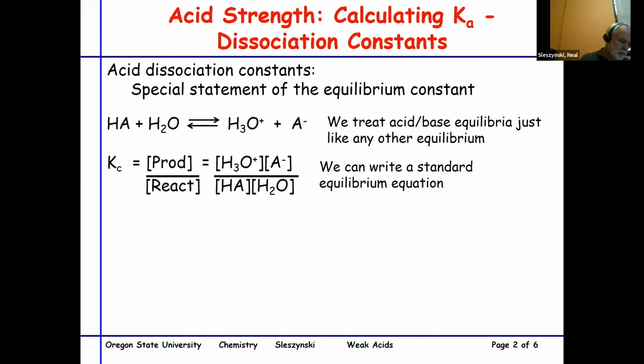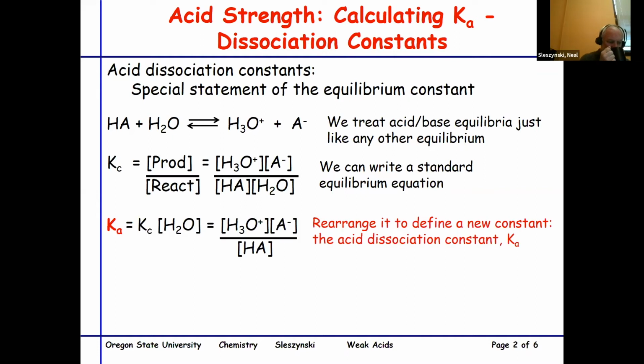So this would be the standard equilibrium equation, but specifically for acid-base reactions, we often write a Ka expression which looks like this. Because we are working in water as a solvent, the concentration of water will be a constant. If we pull that over on the left-hand side of the equal sign with our equilibrium constant, we now have a Ka, which is defined as the equilibrium constant times the concentration of water, which equals hydronium ion concentration times conjugate base divided by the undissociated weak acid.